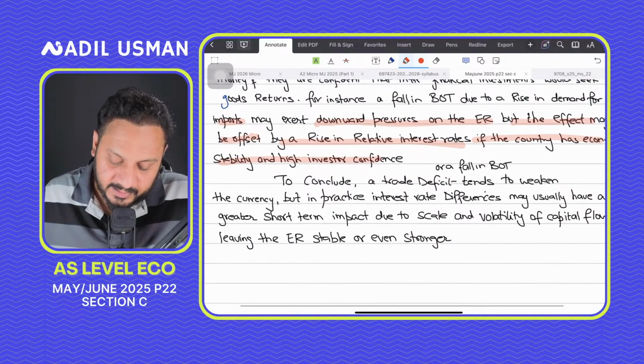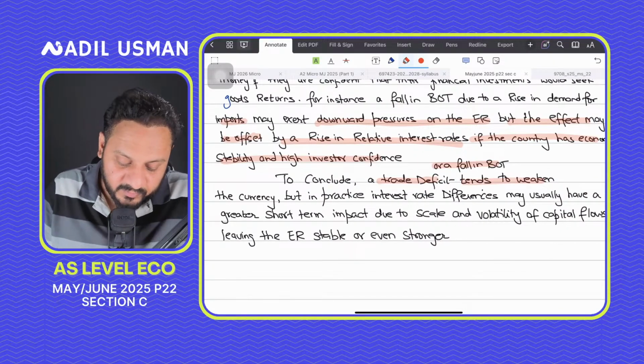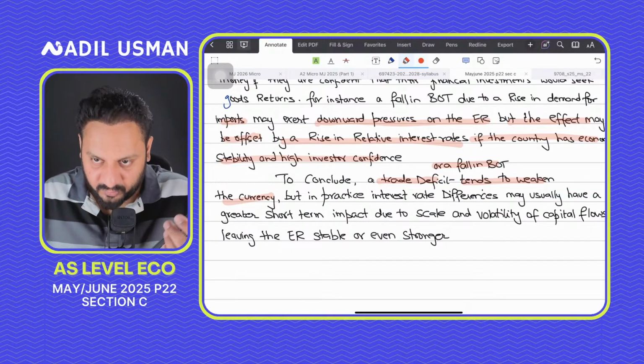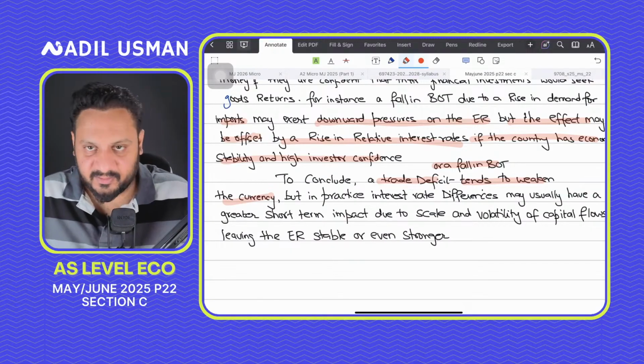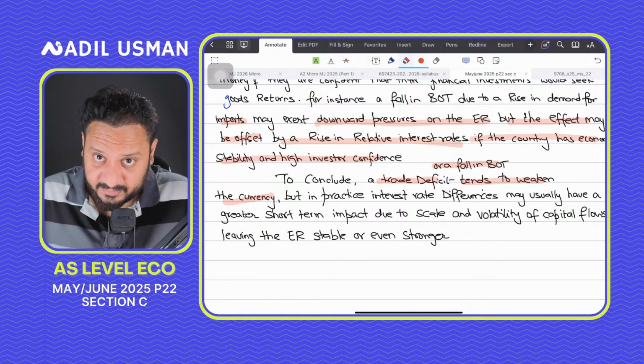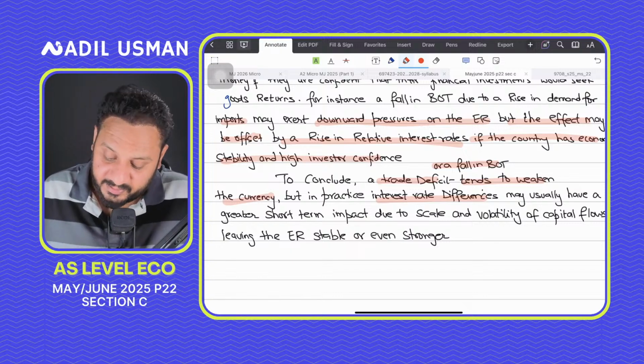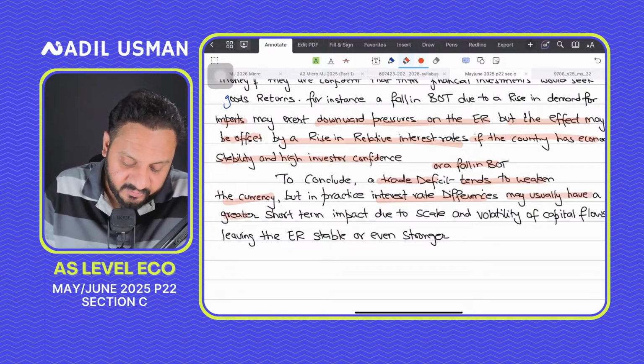You will say that to conclude, a trade deficit or a fall in the balance of trade tends to weaken the currency. Yes, we know that it tends to weaken the currency. It depreciates the currency in a floating exchange rate system. But in practice, interest rate differences may usually have a greater short-term impact.